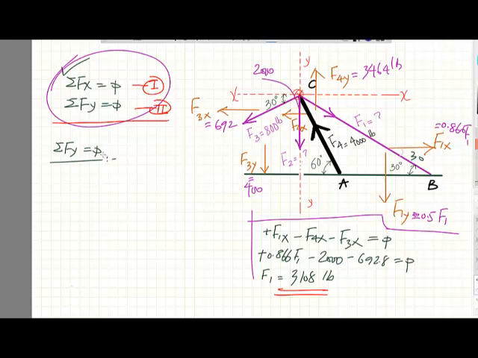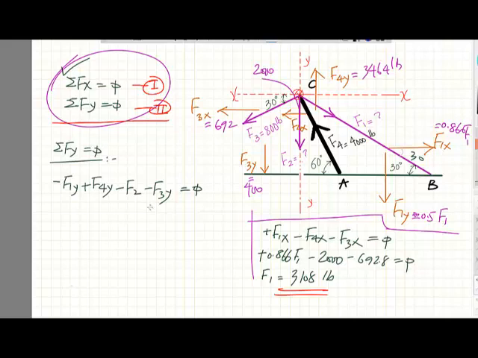F1y is downwards, as you see, so we'll use minus F1y, and F4y is upward, so it is plus F4y, and F2 is downward, so minus F2, and F3 is downward, so minus F3y is equal to 0.